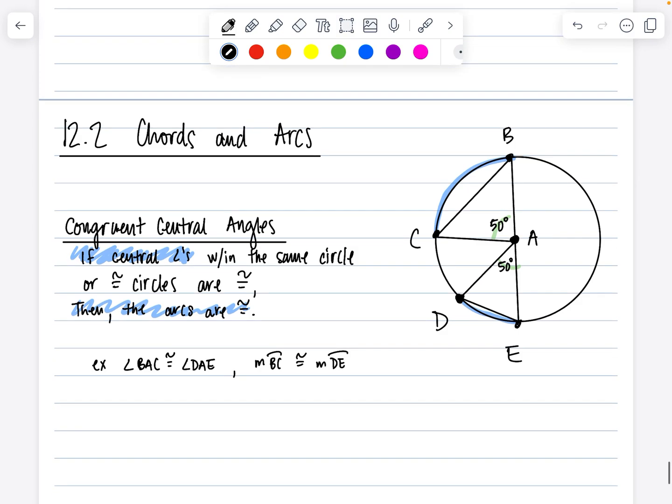Okay? So hopefully that's straightforward, because that's going to be 50 degrees as well. BC should be 50 degrees. DE will be congruent to BC.